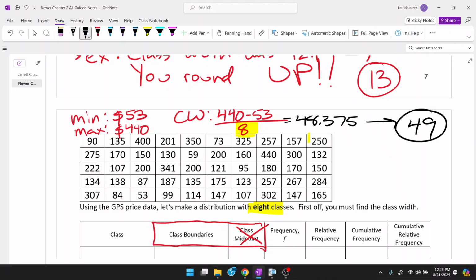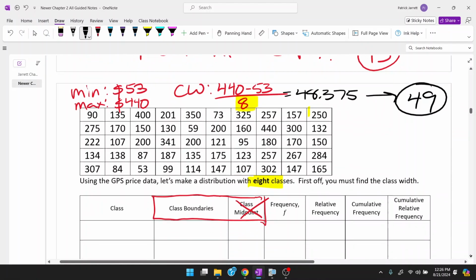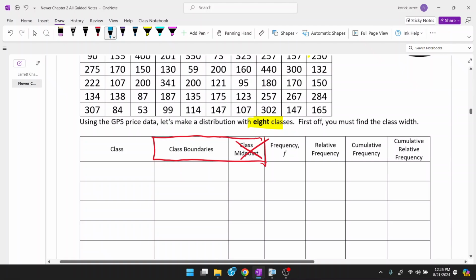So, our minimum was $53. That's where we're going to start it. In this case, we would always start with the minimum. Now, what is 53 plus 49? $102.